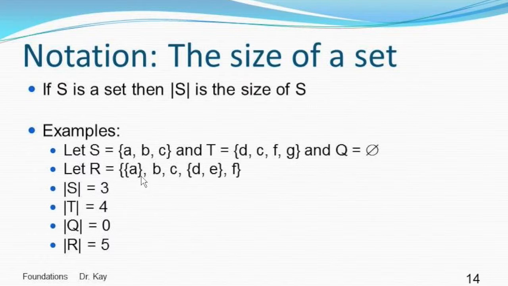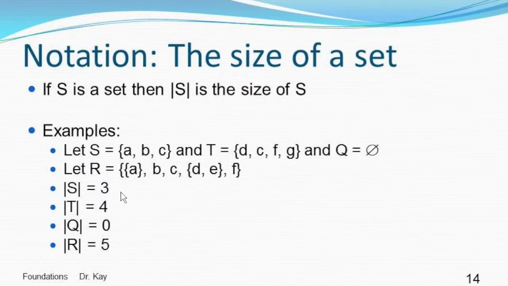Look at R. It has 1, 2, 3, 4, 5 elements in it. The first element is a set containing only one item. Then there's 2 elements that are just regular elements. The fourth element is a set, and the fifth element is just the letter F.